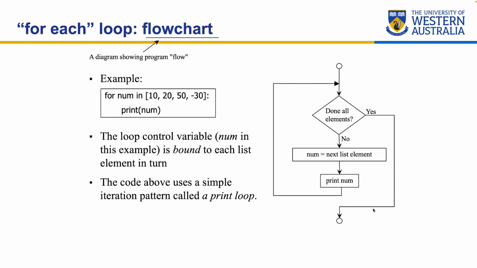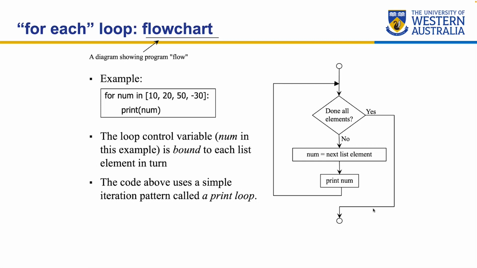Once the block has finished, it comes back to the for loop definition. We have finished using the value 10, so that's where the bookmark for our list is. The bookmark gets moved to the next item, 20. So now, behind the scenes, num equals 20, and then you execute the block. You do this until the last item.